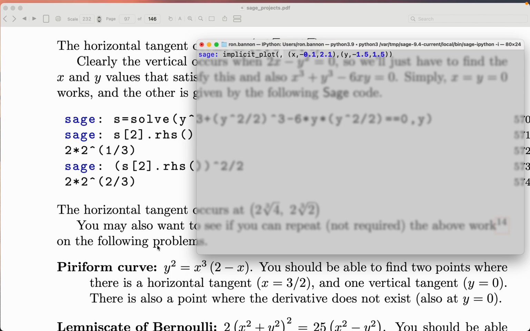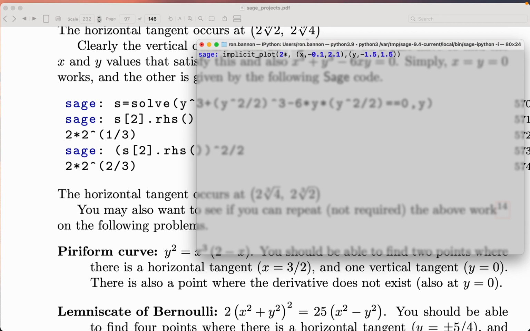Well, I'm going to scroll up a little bit. It's 2 star x squared plus y squared, quantity squared, double equal sign, 25 star x squared minus y squared. Close it out.